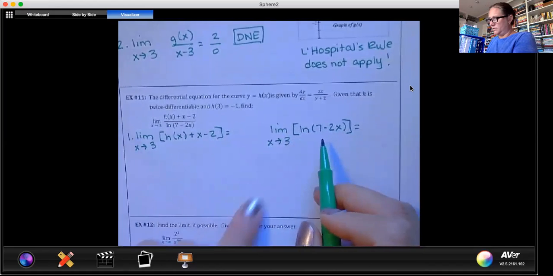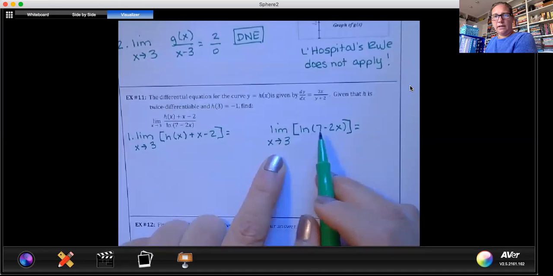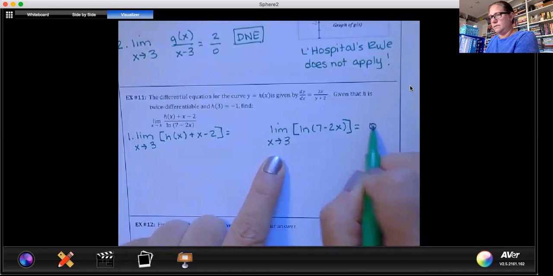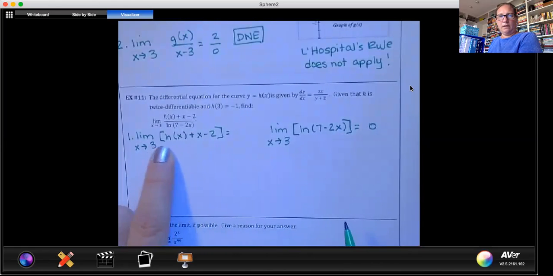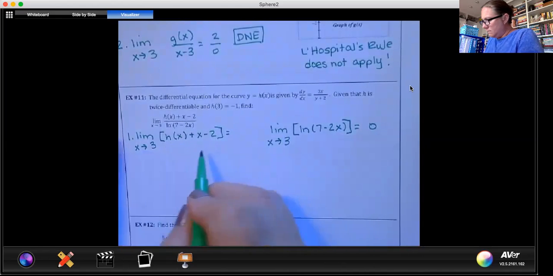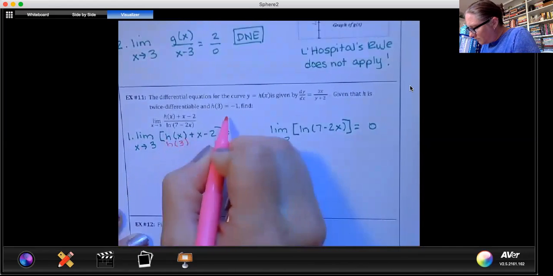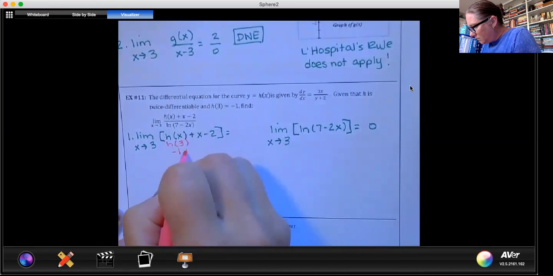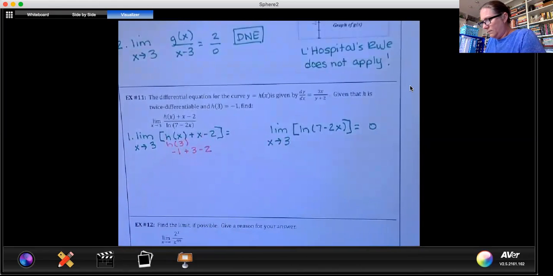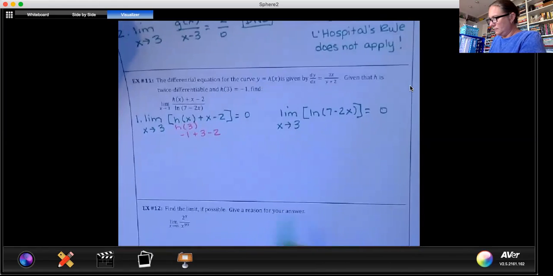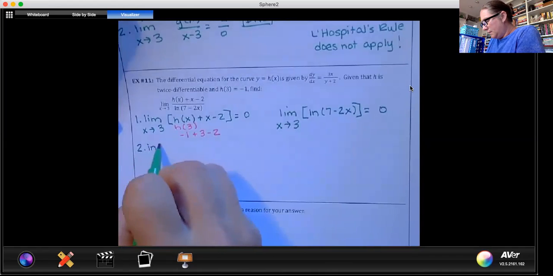I'm going to do this part first just because it's a little easier. Ln of 7 minus 6 is ln of 1, and ln of 1 is 0. All right, h of x, plugging in 3, would be h of 3. And h of 3 is negative 1 plus 3 minus 2, which is 0. So we are indeterminate.